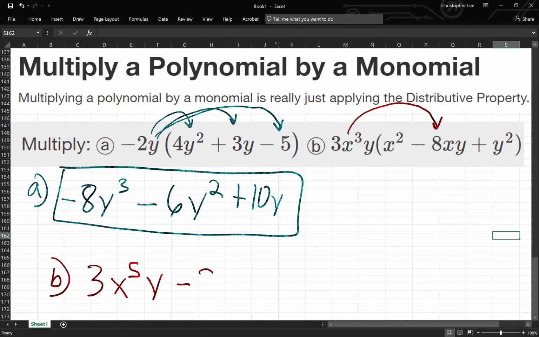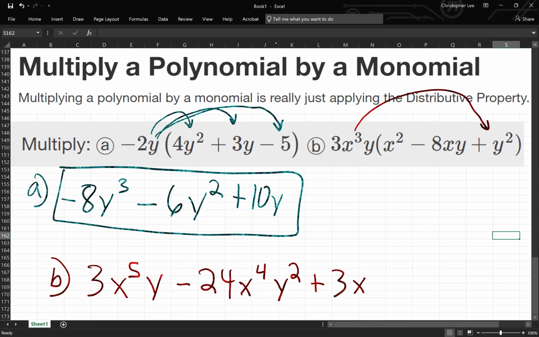Hold on, I gotta think about that. Yeah, you're right. You said x to the what? Y what? Y squared. Okay, there we go. All right, last one. 3x to the third and 5. Good. That's my answer.